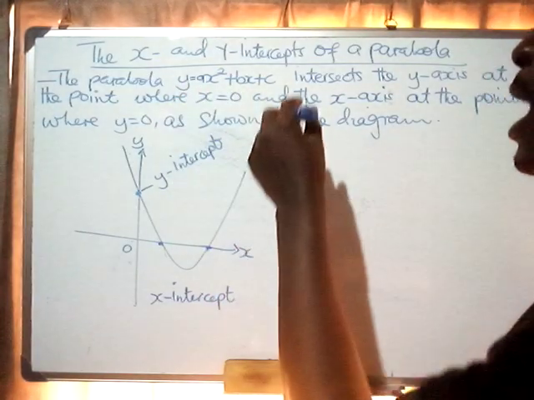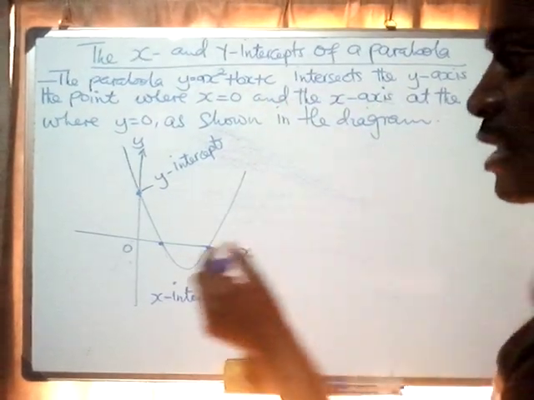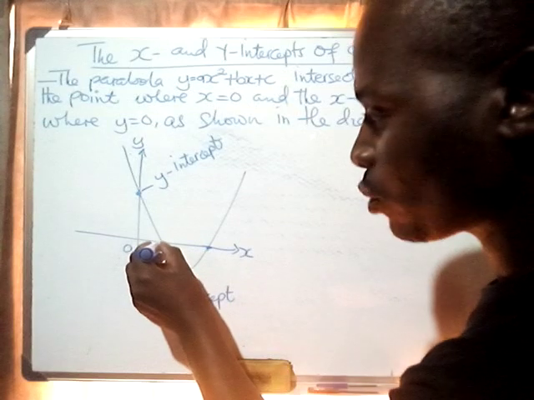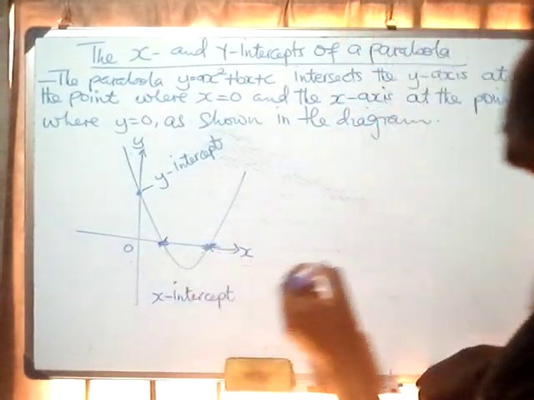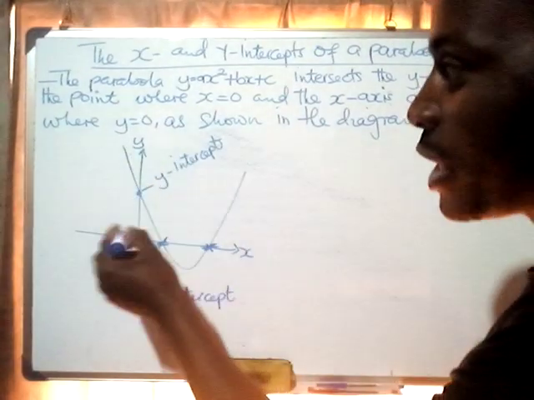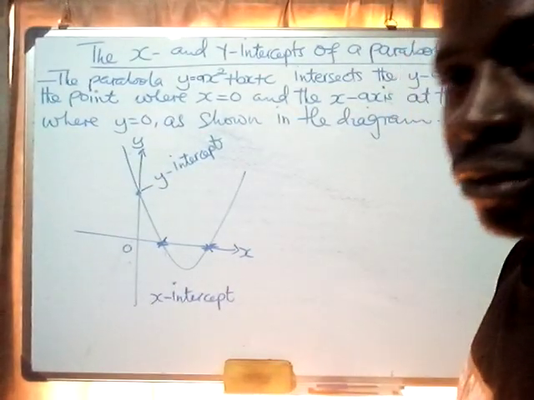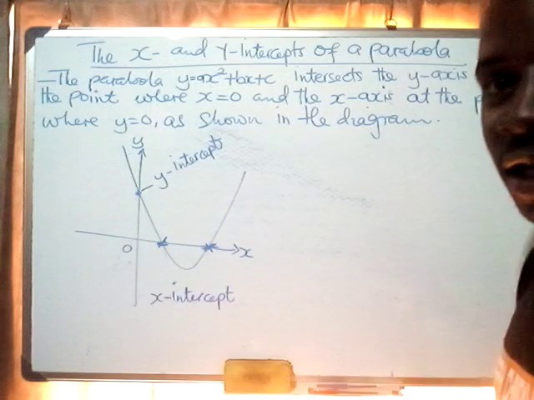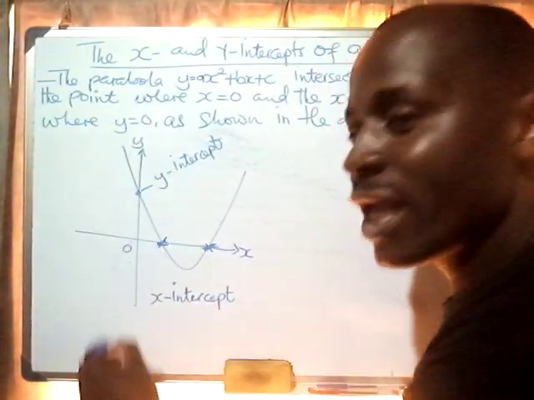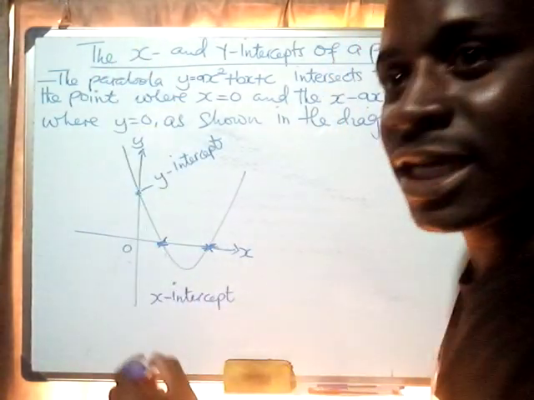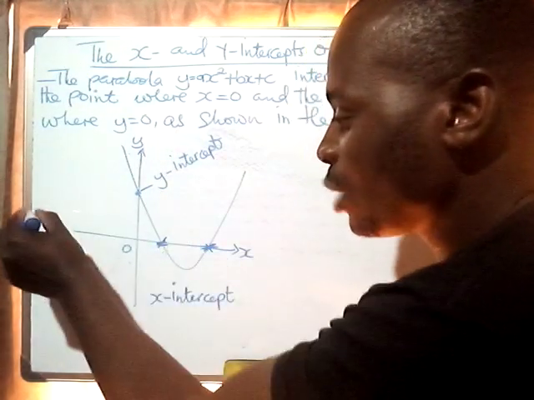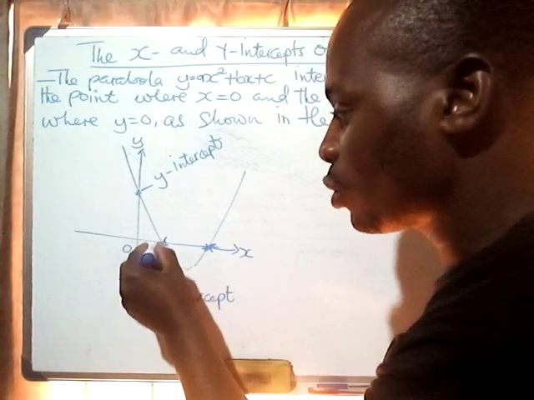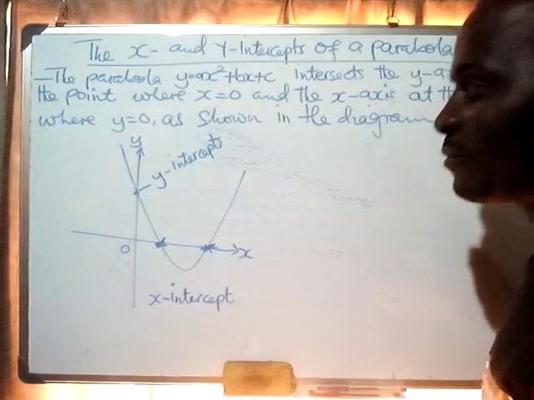And the same parabola, where it is crossing the x-axis at this point and this point here, the value of y there is equal to 0 as shown in the diagram. In other words, the value of x along the y-axis is equal to 0. The value of y along the x-axis is equal to 0. This is what we have.